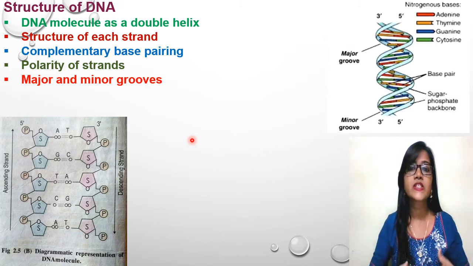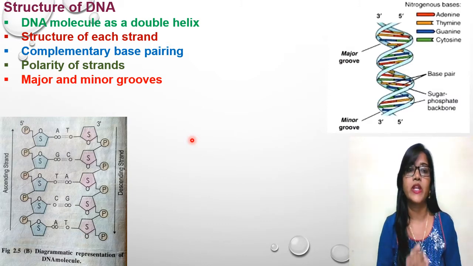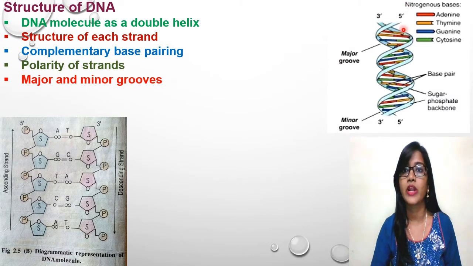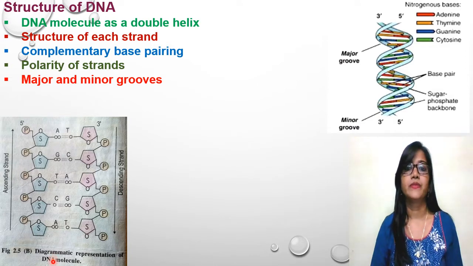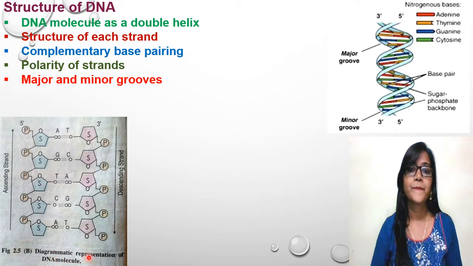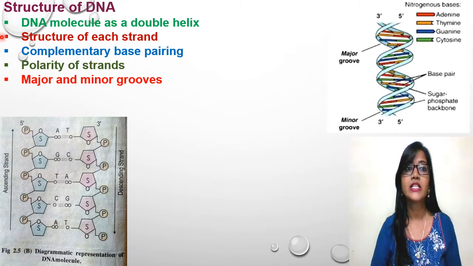So this pairing is termed complementary base pairing. Such type of pairing which you have observed in this diagram, that type of base pairing of the nitrogen bases is known as complementary base pairing. That's all about the complementary base pairing of the DNA.